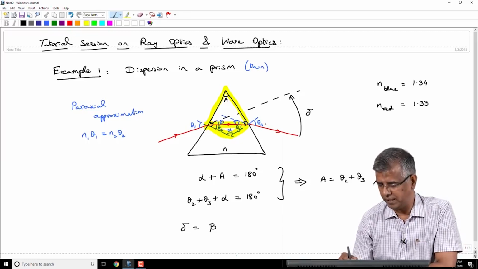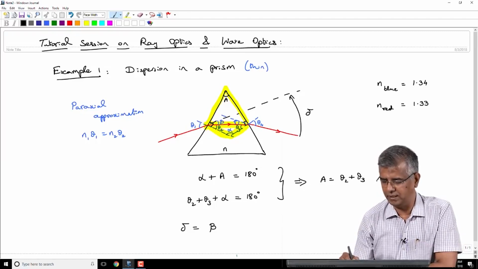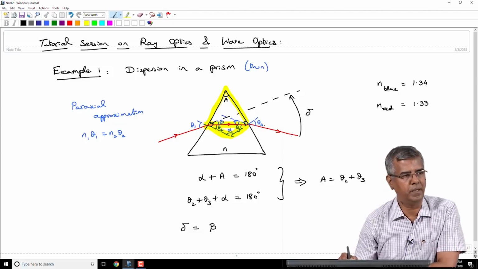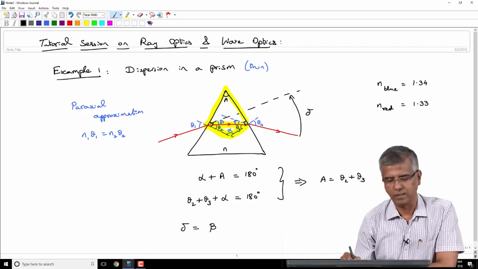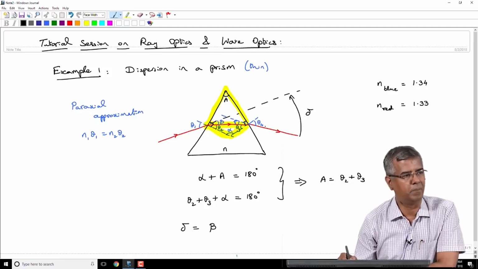If you extend this red ray going across the prism to the other side, the other angle would also be gamma.